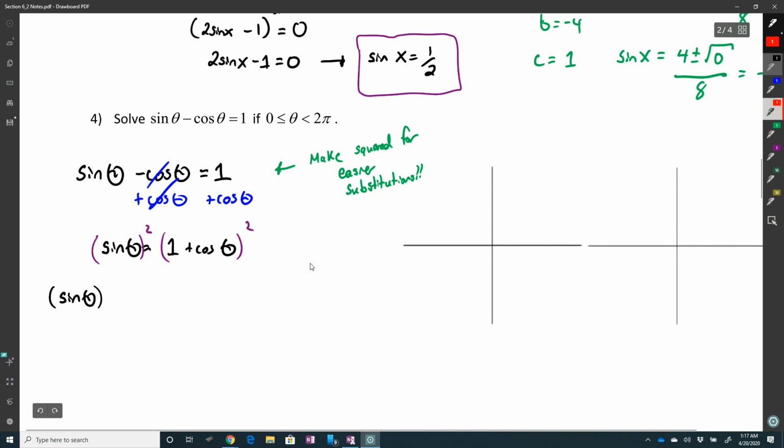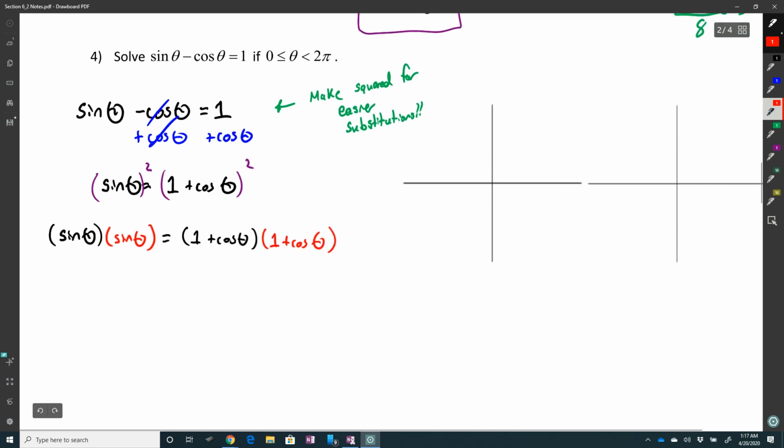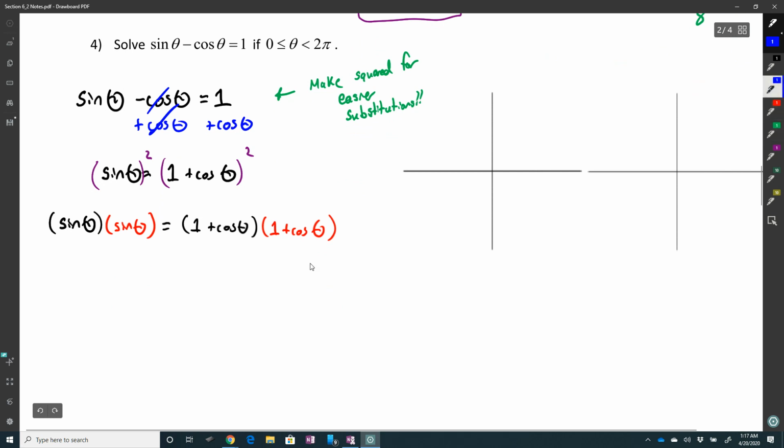The main thing here is when we're done, we're going to have to check our answers. Because there wasn't another sine theta in the problem, I'm artificially adding it here. And the same thing over here. There wasn't a cosine theta in the problem, and I'm adding it in there. So whenever you add a variable, I have to check solutions.